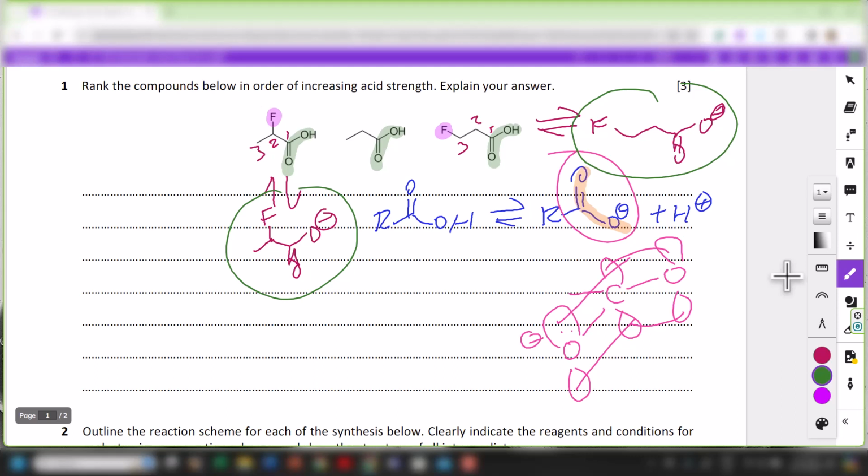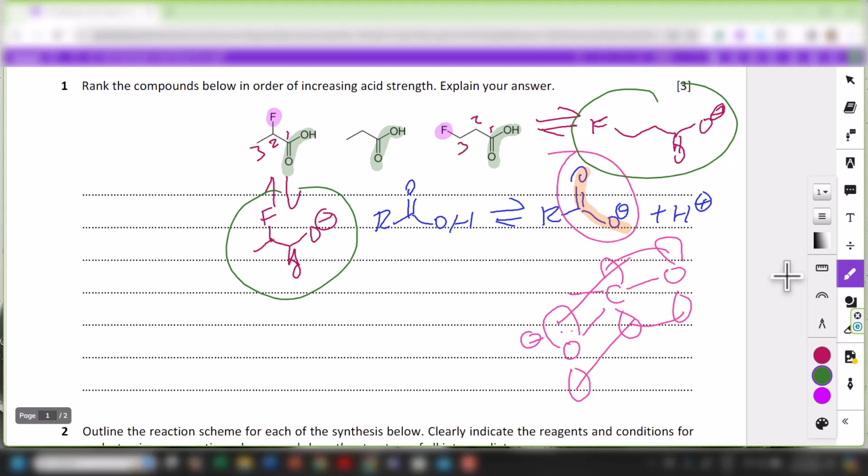You notice the way the answer is being phrased. The idea here is not so much about the stability of the carboxylate anion. The idea is about how the negative charge at the carboxylate anion is further dispersed by the presence of the inductively withdrawing group.